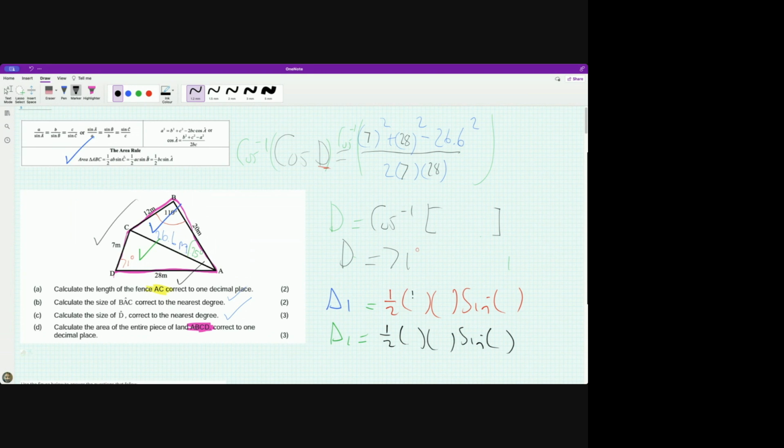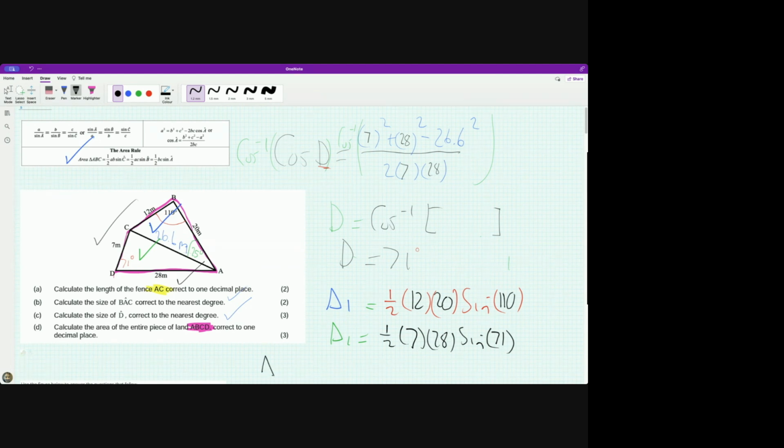I think I see 12, and then I see 20, and then 110. So that would be the top one. And then the bottom one, I see the 7, and then the 28, and then the 71 between. Yeah, I think that's a very good strategy.